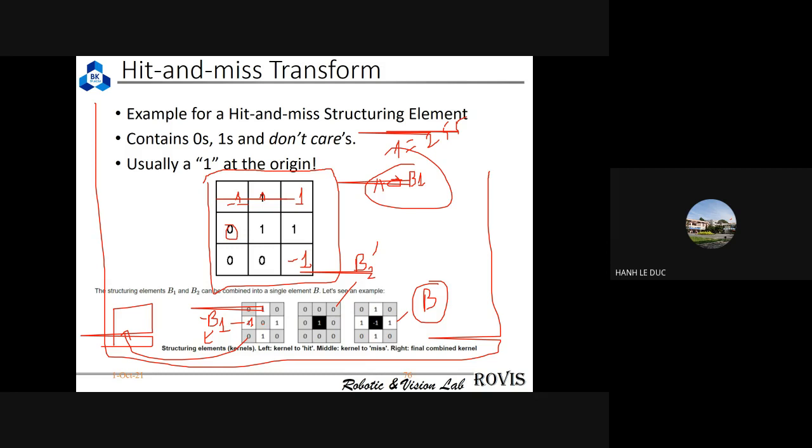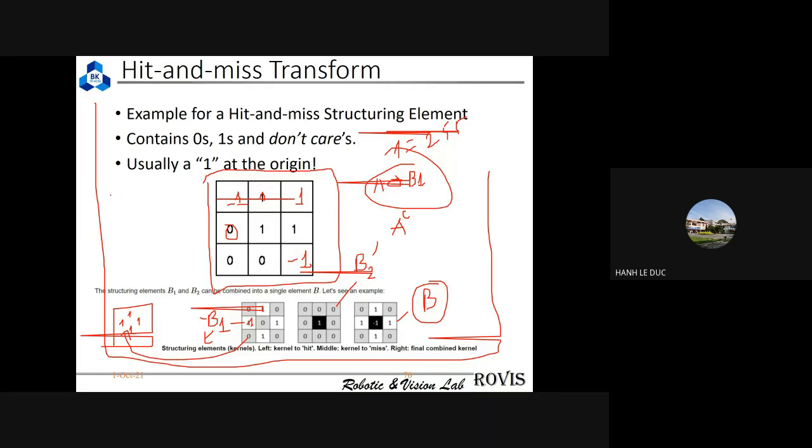So it will find where B1 is inside, and then it will find A^C with B2. How can we have B2?